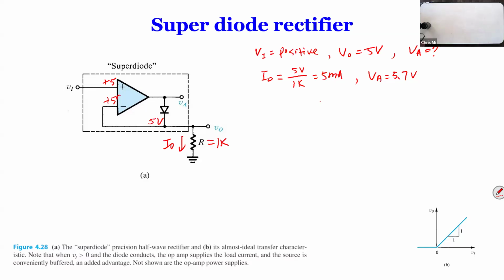Exactly. That's the next thing we're going to discuss. So the next case: Vi is negative. I'm going to redraw the figure, just to make sure we don't mess up the figure.